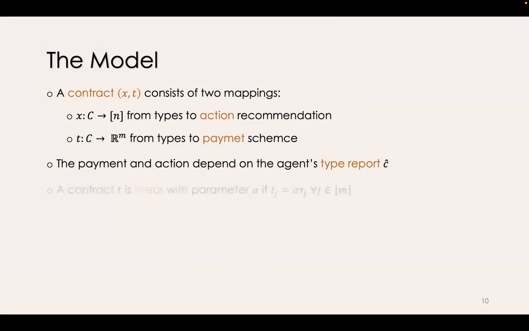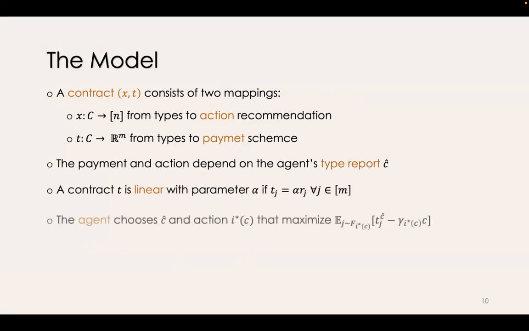One class of contracts we are especially interested in is linear contracts, where the payment for every outcome is an alpha fraction of this outcome's reward. And given a contract, the agent chooses a type report c hat and an action that maximizes the expected payment minus cost.